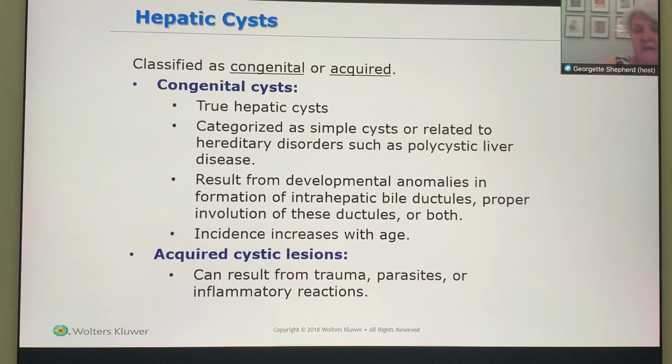It increases with age. Also, if you have PKD, adult dominant polycystic kidney disease, then it's not unusual for you to develop cysts in the liver, the pancreas, the spleen, the ovaries. Acquired cysts are either trauma, parasites, or some type of an infection.